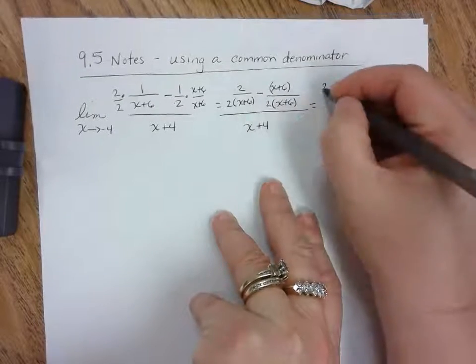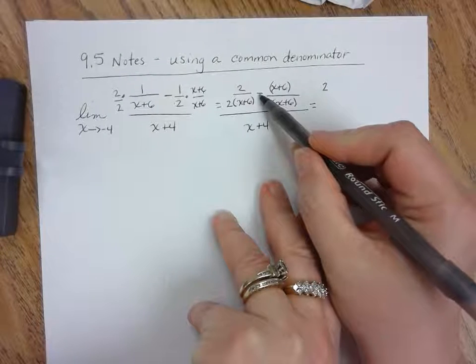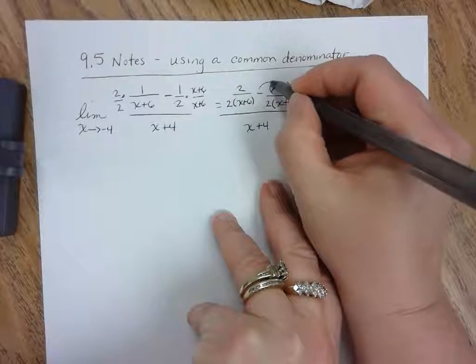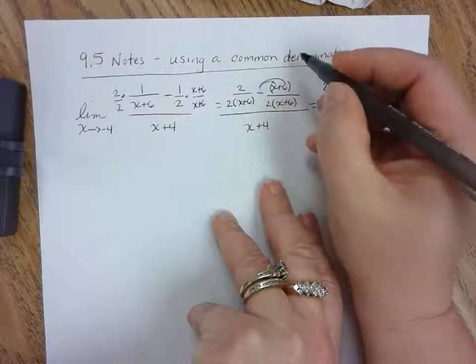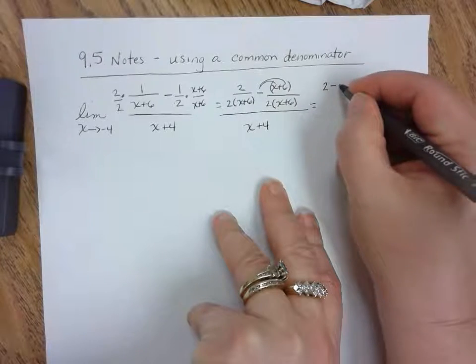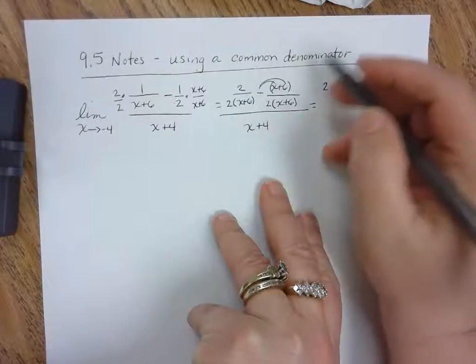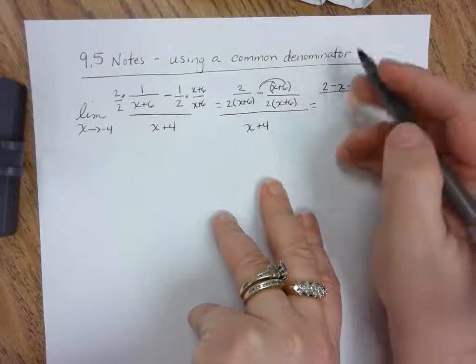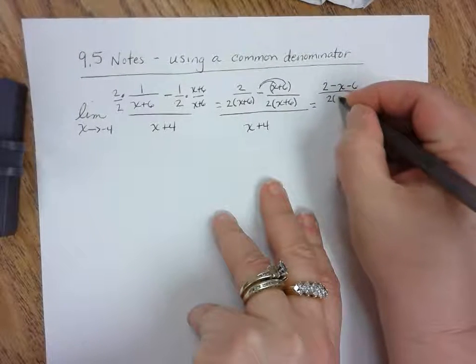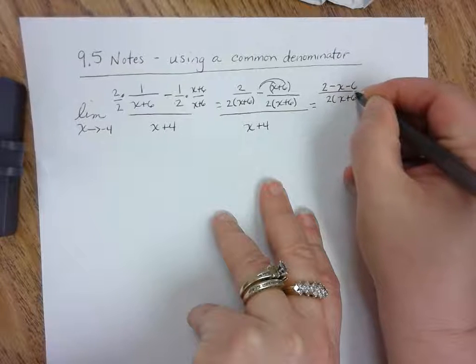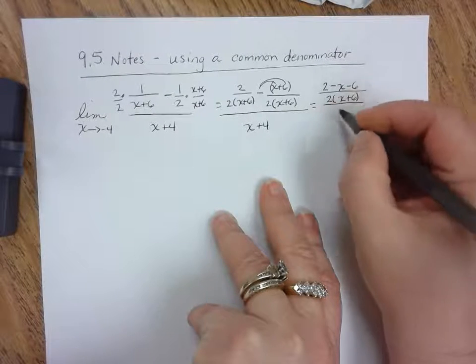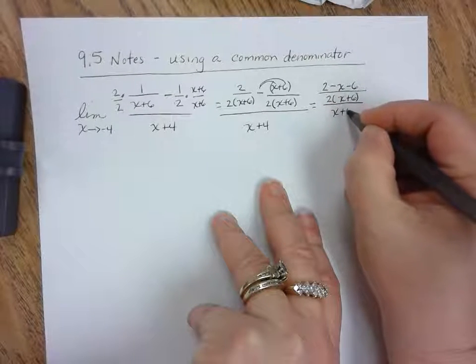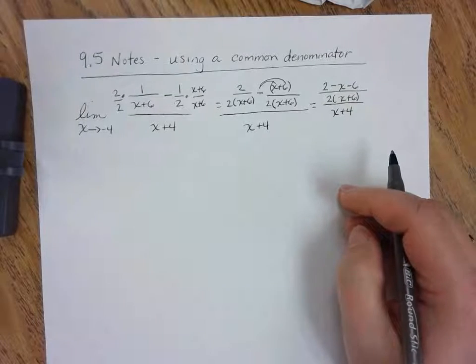Well, I've got a 2, and now I'm going to distribute this negative to the binomial. If I do that, I end up with a negative x and a negative 6 over the common denominator of 2 parentheses x plus 6. All of that over x plus 4.